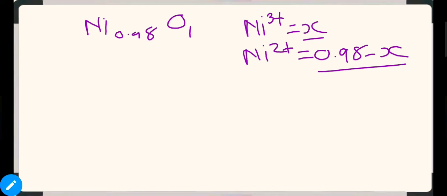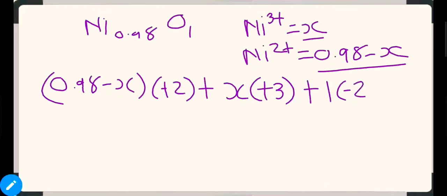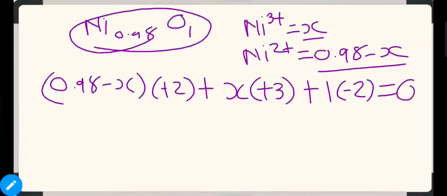Now to find the quantity of 3+ and 2+, we need to use an equation: the quantity of Ni2+, that means (0.98 minus X) multiplied by its charge, plus 2, plus the quantity of Ni3+, that means X multiplied by its charge, plus 3, plus the quantity of oxide and its charge, which is minus 2, is equal to the total charge of this molecule, which is 0.